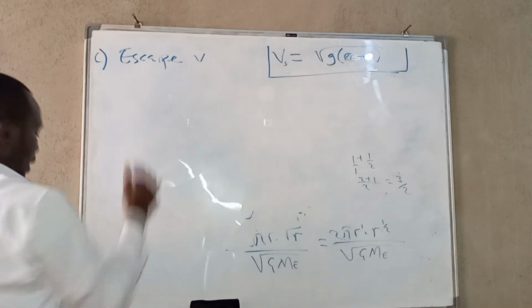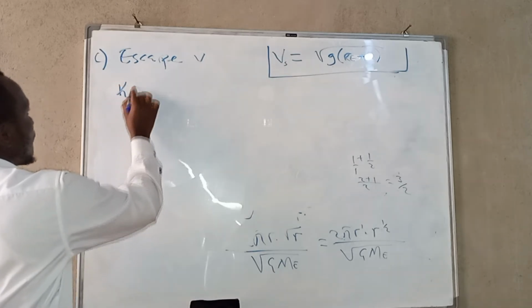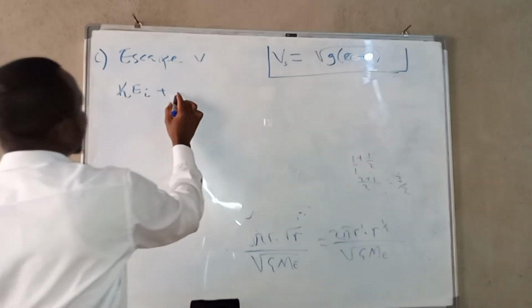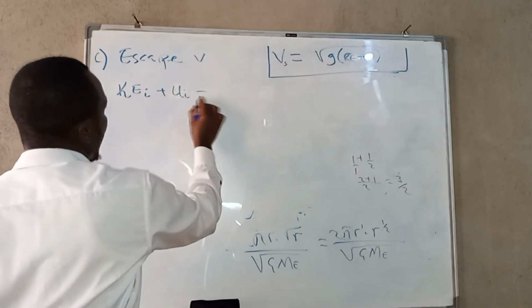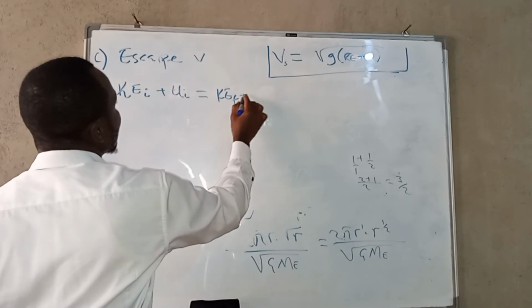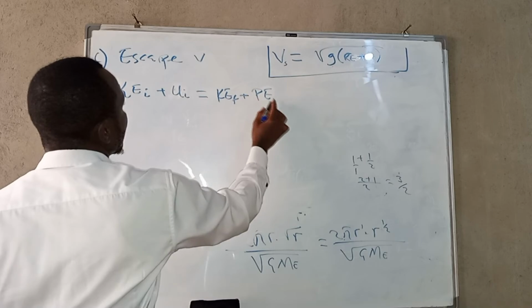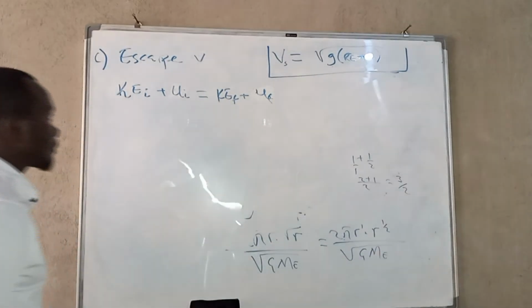So we have kinetic energy initial plus potential energy initial must be equal to kinetic energy final plus potential energy final.